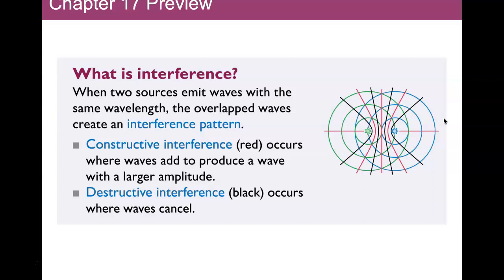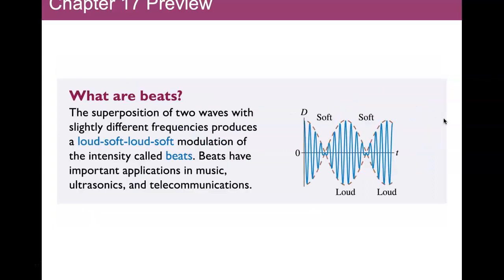That's when one source wants to create a displacement maybe upward, the other one wants to create a displacement downward, and you add a positive and a negative number and they cancel out. And you have constructive interference where they add up and produce a wave with a larger amplitude.